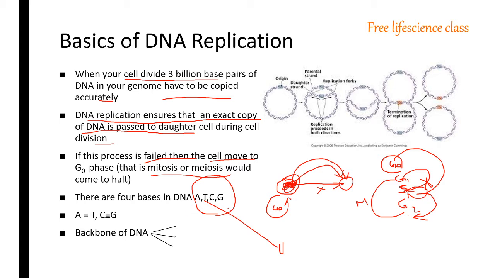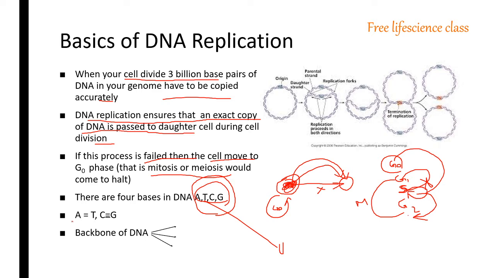Besides these 4, if any other bases like uracil or hypoxanthine, ribothymine, etc. are present in the DNA, it is an indication of mutation. So there should be no unusual bases present in the DNA. The bases present in the DNA are adenine, thymine, cytosine and guanine.